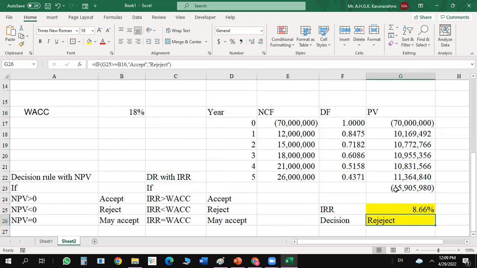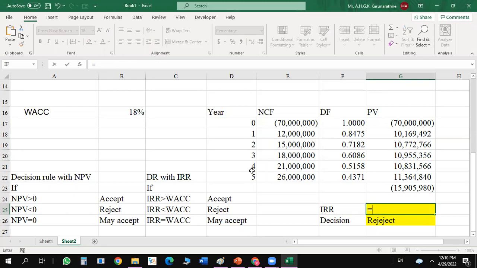Okay, so that's how we compute IRR. Very conveniently and very quickly we can compute IRR with the finance function. Again, I will show you how we compute IRR. You type the equal sign and type IRR, then the formula comes up like this.